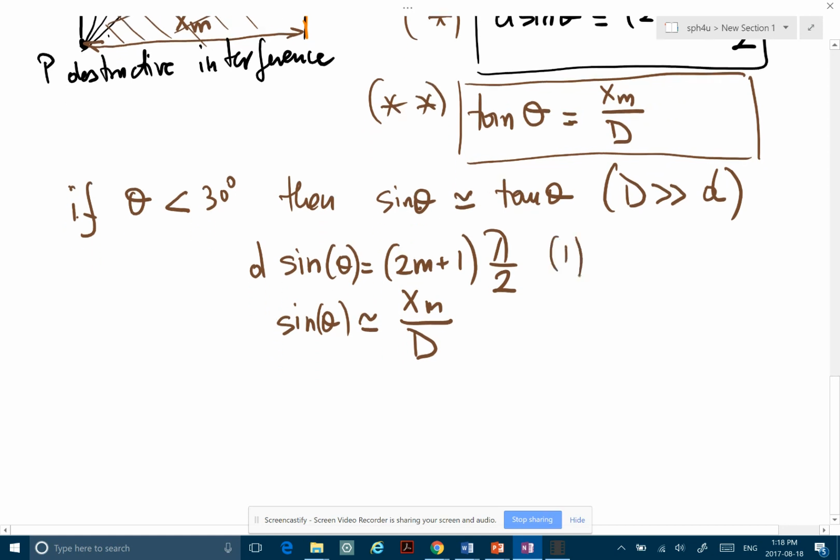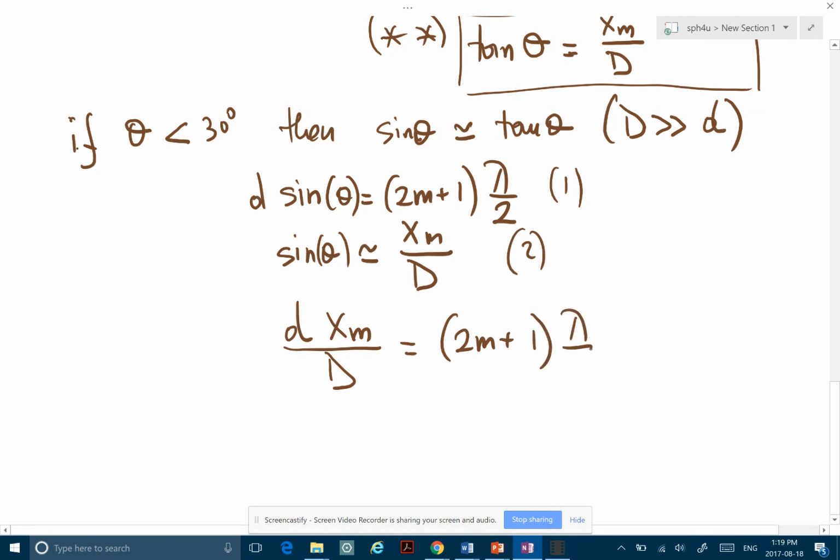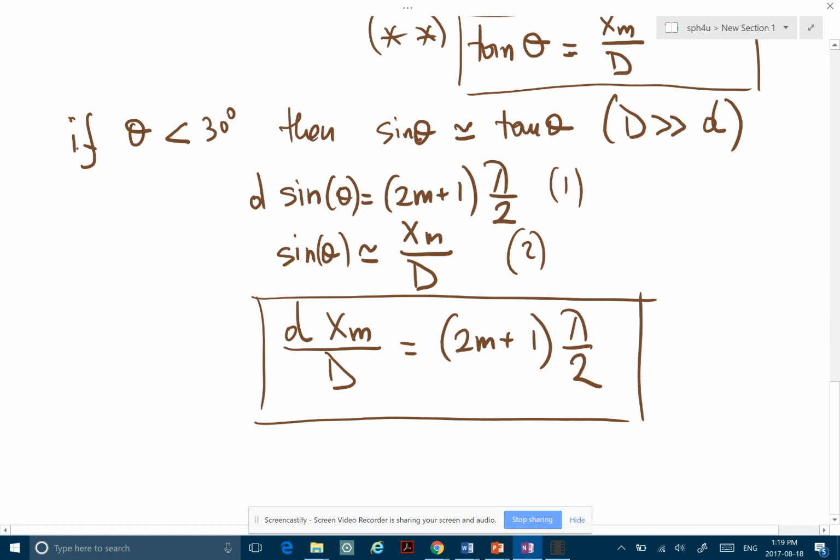All right. So if we combine these two equations, then we get d xm over D is equal to (2m plus 1) times lambda over 2. So this is the condition for destructive interference.